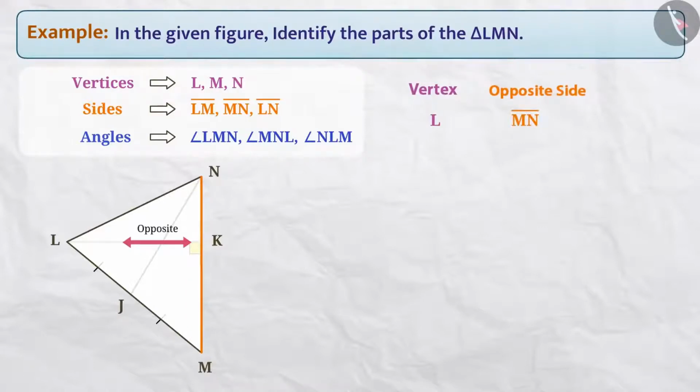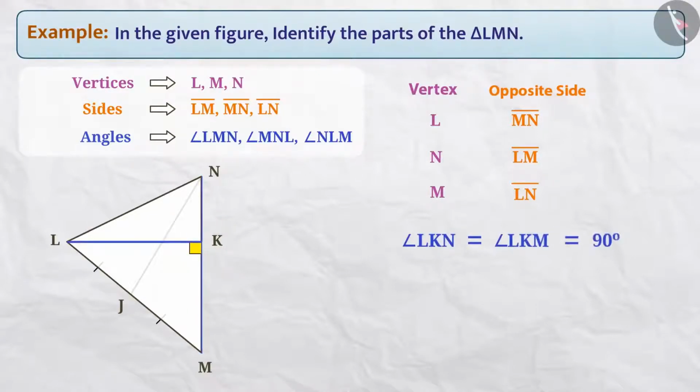Similarly, the vertex and opposite side pairs are the vertex N and the side LM, and the vertex M and the side LN. As you can see here, the line segment LK is made on the opposite side MN from the vertex L. From this sign, we get to know that angle LKN is equal to angle LKM is equal to 90 degrees.